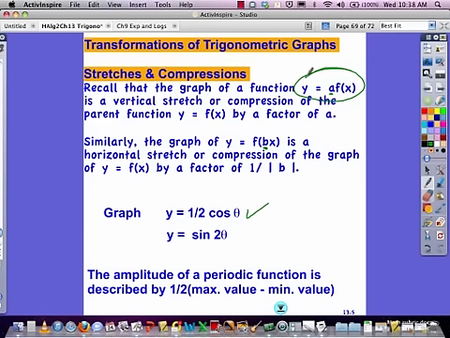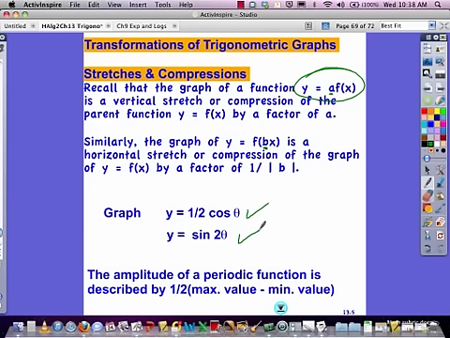Versus the second one, y equals sine of 2 theta. This is where it's in with the value. So it's in with theta, our unknown, and this would be a horizontal stretch or compression. But based on the size here, we're looking at 1 over 2. So it'll be a compression, half the size it was originally. So you take the old values and you move them in to half the space.